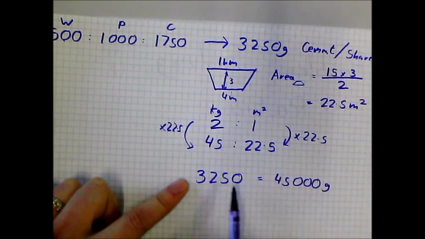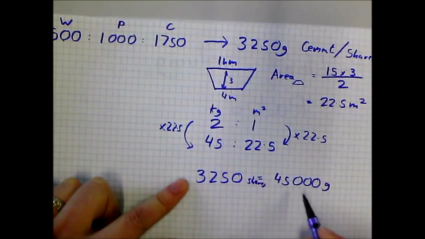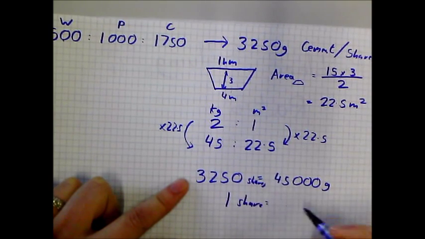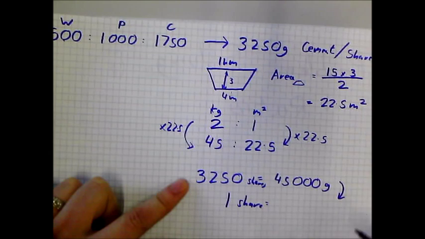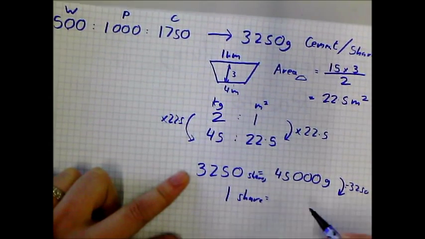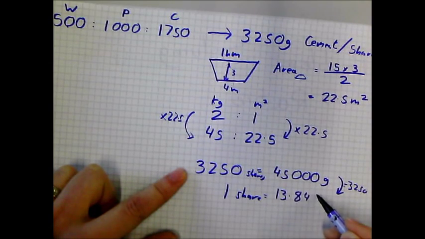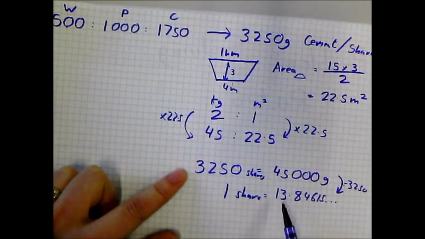So we know that 3,250 shares equals this many grams, so to get one share we divide by 3,250. If you do it on your calculator, we get a rather long number, 13.84615 and so on. So now we know that each one of these shares is worth 13.84615 grams.